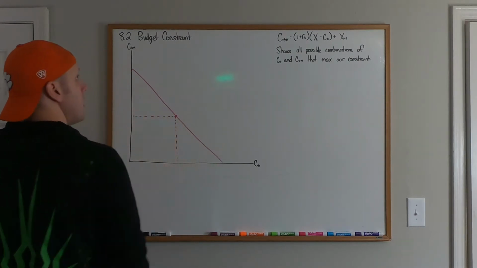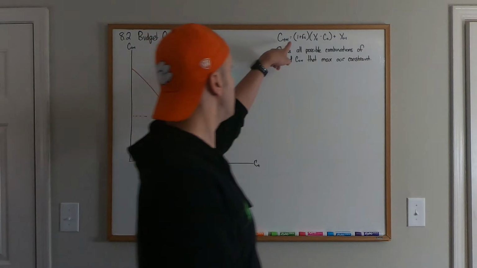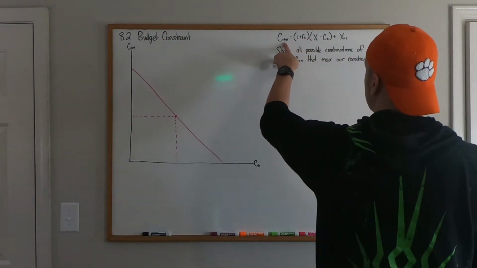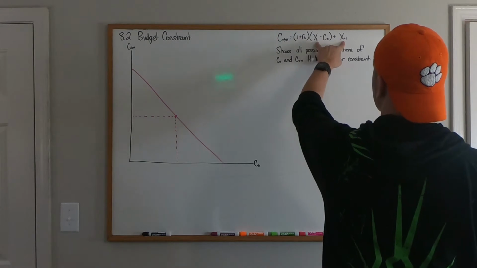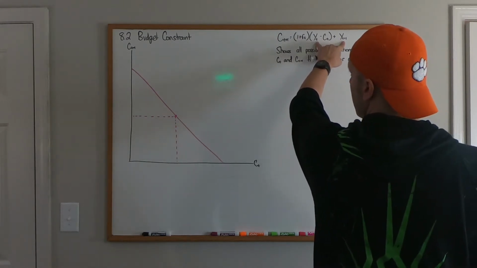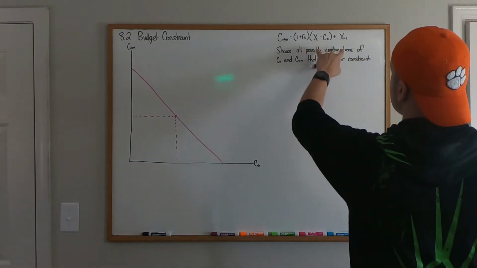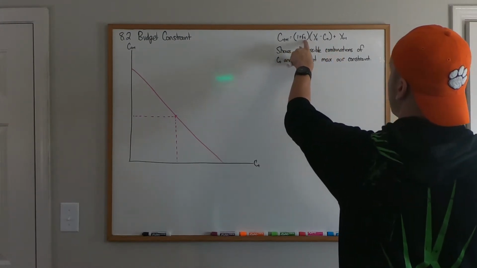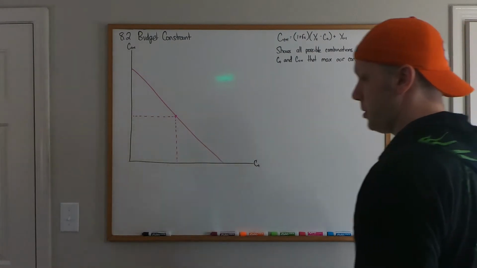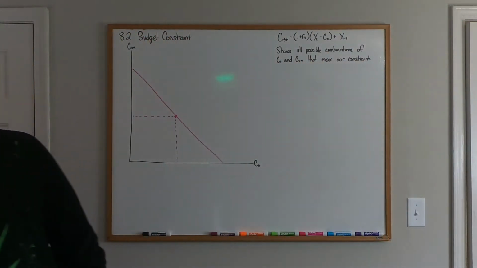Because if you look at this constraint, you'll see it's got CT plus 1 and CT, but it also has YT and YT plus 1. The budget constraint is going to depend on that. And it's also going to depend on the interest rate, which we'll be talking about in a moment.